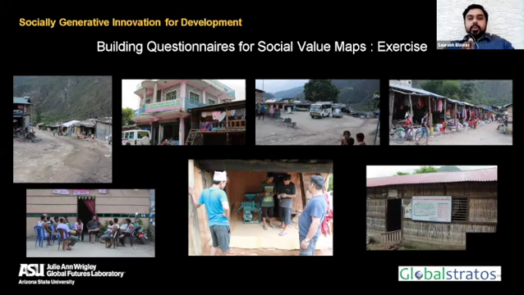All right, so what I would like you to do now is, based on these pictures, they don't have to be very accurate, but frame a set of questions to understand the social value proposition of an off-grid solar mini-grid for this particular community, and identify the value proposition for the different kinds of agents you can see in these pictures, right?